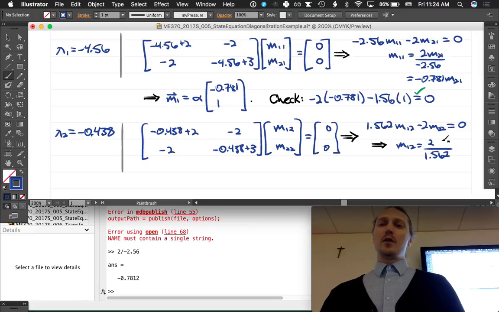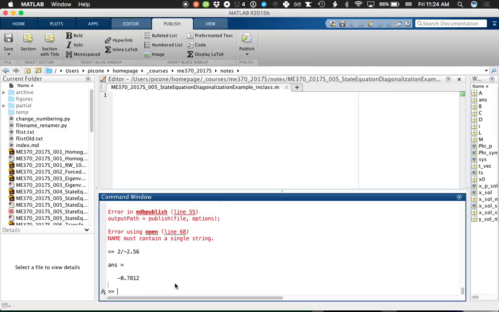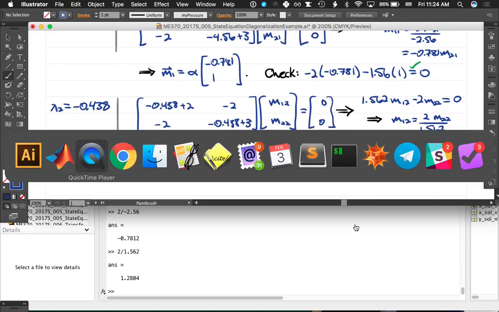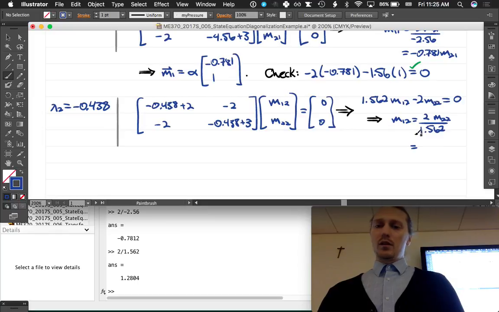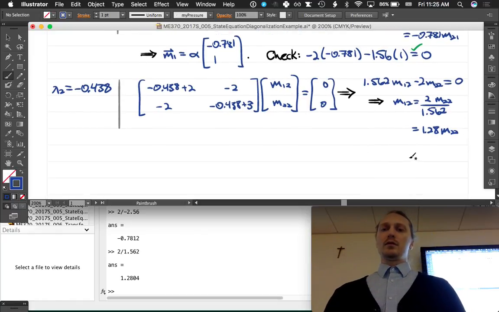So it's 2 over 1.562 M22, which is equal to, what is 2 over 1.562? About 1.28. So 1.28 M22.